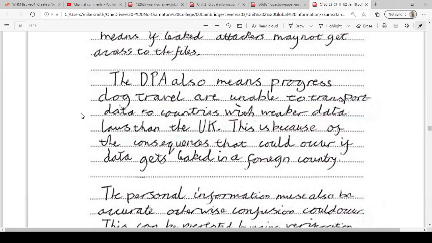So we've got 2 or 3 potential principles here from the Data Protection Act, with some explanation of what that looks like in terms of the case study, with some explanation of what the impact of that law is, or it could be the reverse of that. It could be the impact if they don't keep to the law and they fail to uphold that legal requirement, and what happens then.